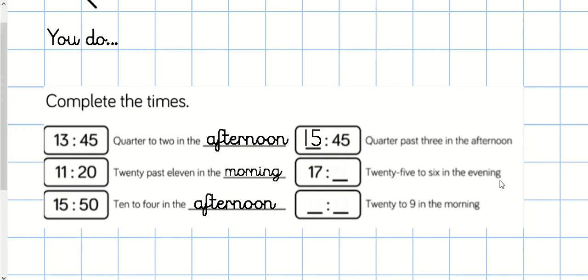25 to 6 in the evening. Well, how many minutes do we have left if we have 25 minutes till 6 o'clock? What do we have to add to 25 to get to 1 hour, or to get to our 6 o'clock? That's right, it will be 35.